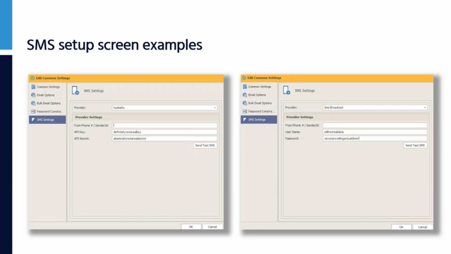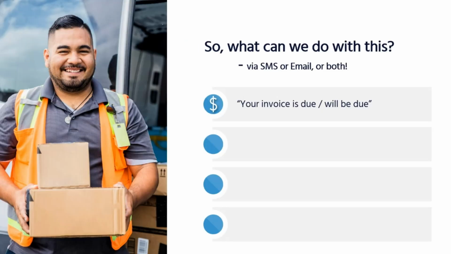You get different options based on what provider you select, because different providers, unsurprisingly, have different requirements and ways they interact with APIs and so on and so forth. And you can see that here. In one case, we've got an API key, in another case, we've got a username and password. But broadly speaking, the point is SMS in the software. So if you want to send out text messages, it is something you can do right now. So that begs the question, what can we do with this?